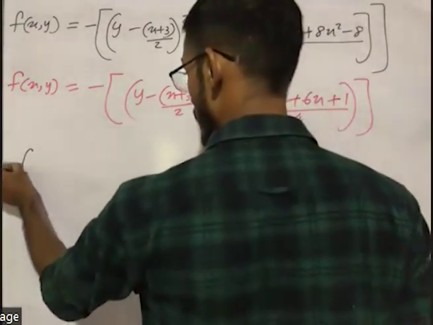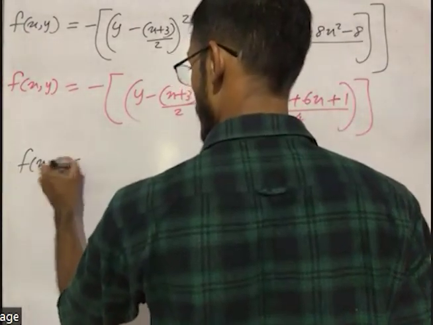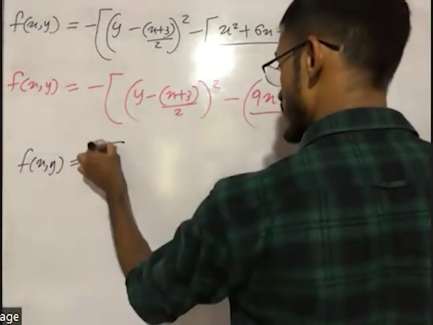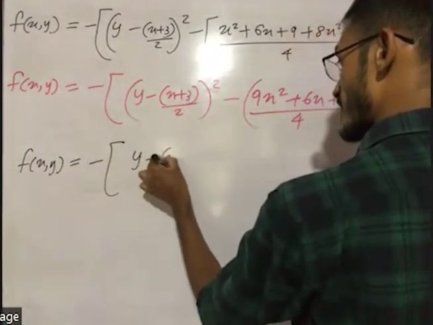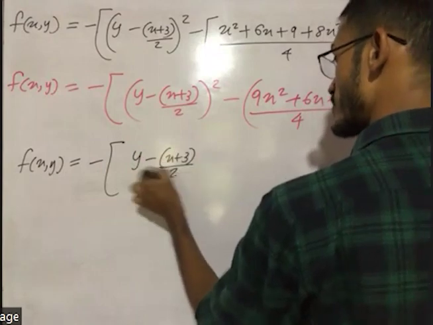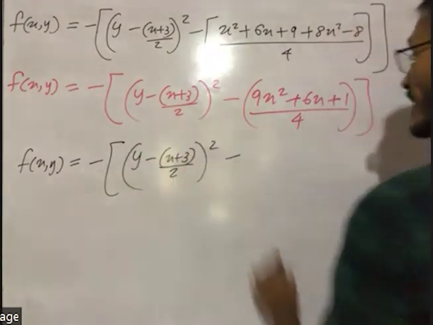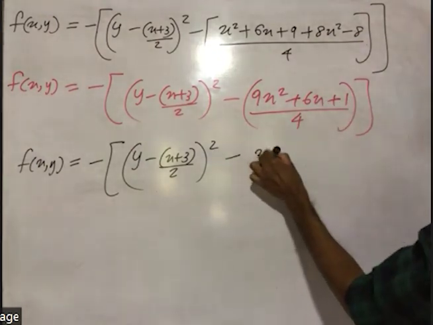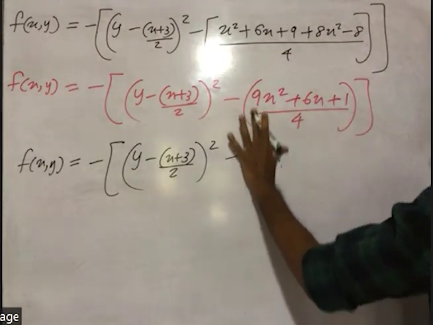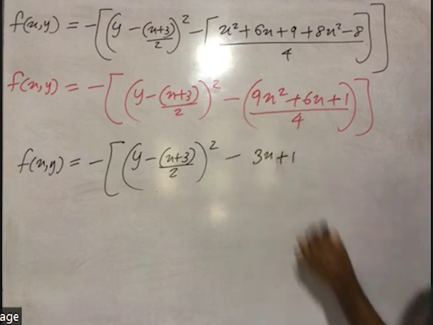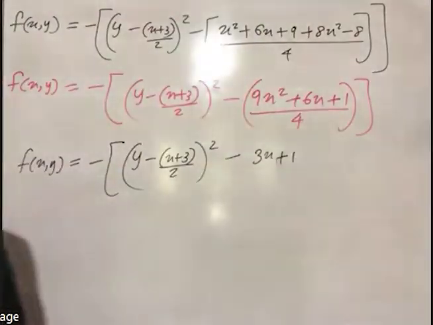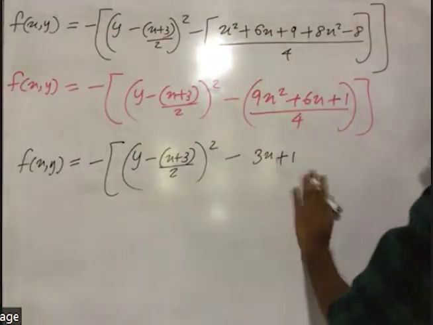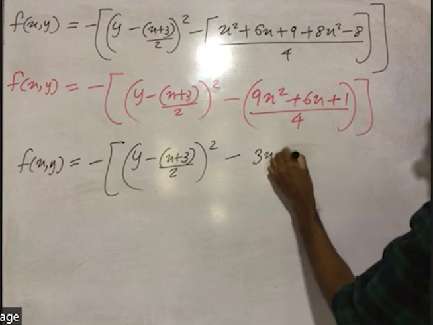Then we can write down f(x, y) equal to minus (y minus (x plus 3) over 2) squared minus (9x squared plus 6x plus 1). That part we can write down as the square of 3x plus 1.